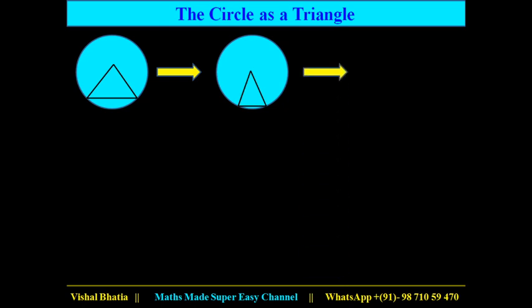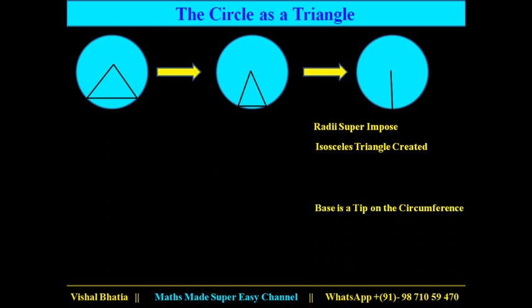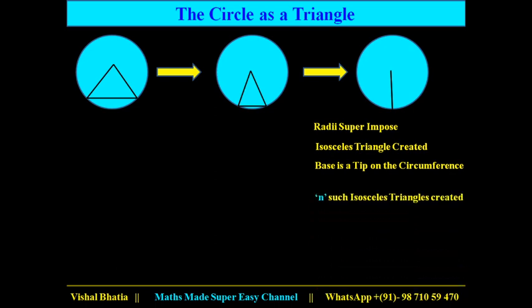Supposing I were to proceed further and eventually collapse both the radii so that they actually superimpose. What happens in this case is first that the radii superimpose. Secondly, I have created an isosceles triangle because both the sides are equal to radius r. The base is now a very infinitesimally small tip on the circumference of this particular circle.